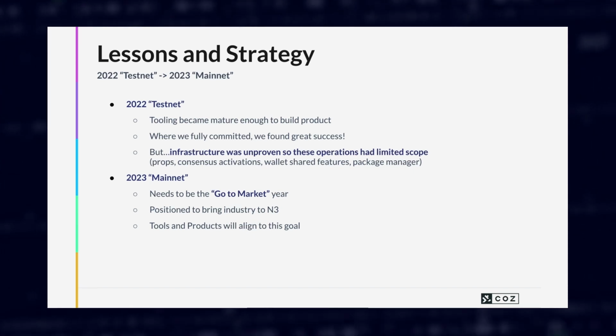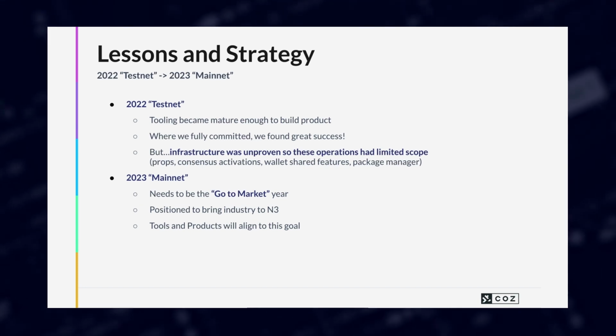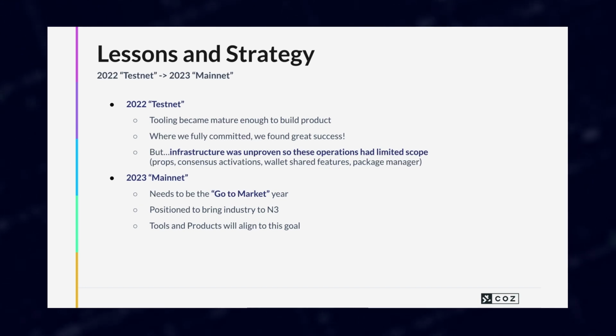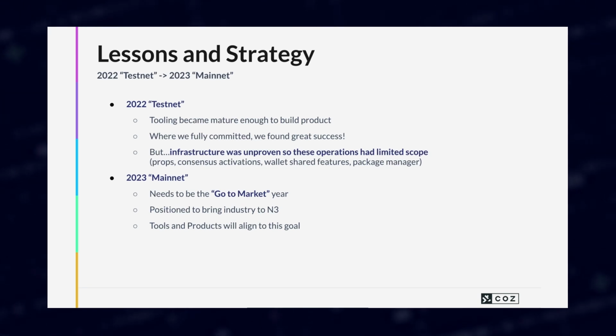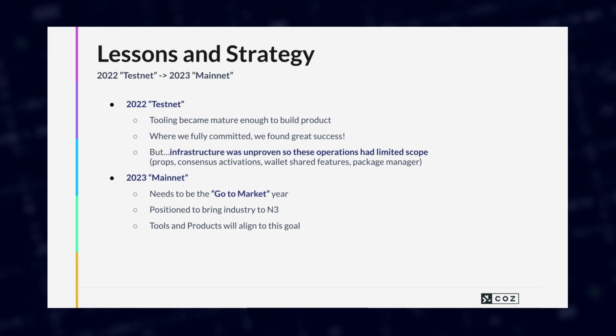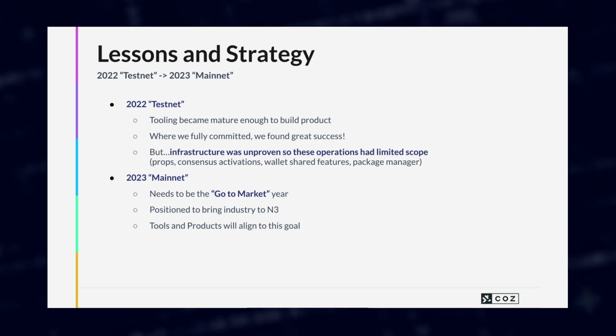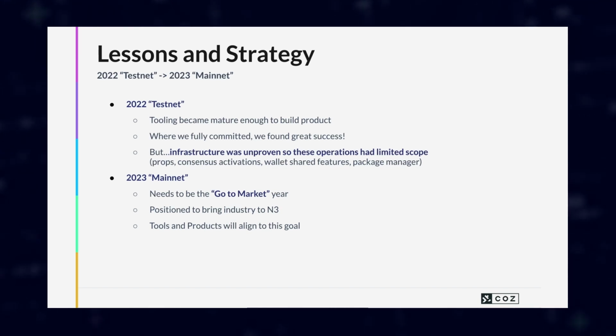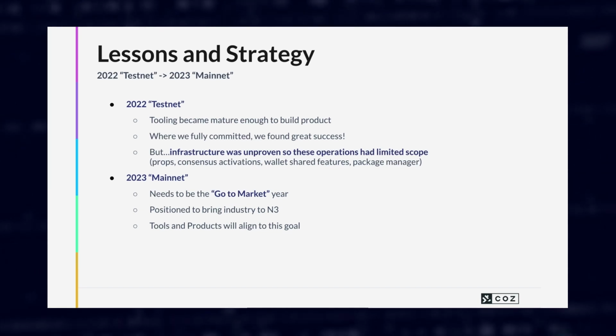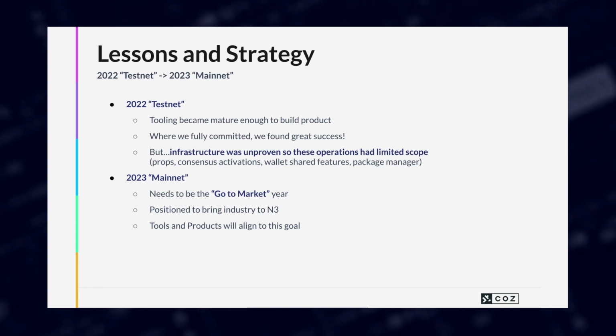Looking forward to 2023, at least for COZ, that's really going to be our go-to-market year. At least that's what I'm anticipating. We've spent this year really trying to position ourselves to bring industry to the N3 platform. And I think we will probably see that starting in the beginning of 2023 and certainly throughout the rest of next year.